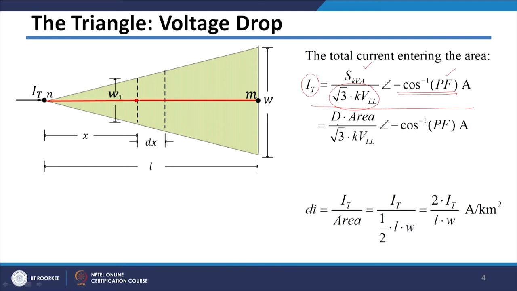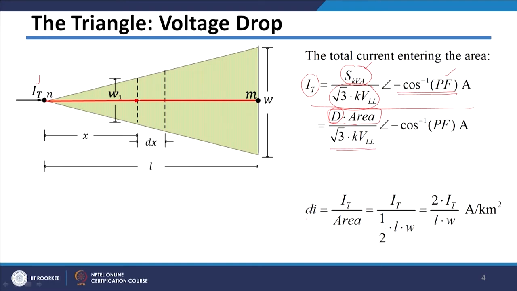The total kVA supplied is the load density, in kVA per kilometer square, multiplied by the area. So we can get the total current entering this area by knowing the load density.